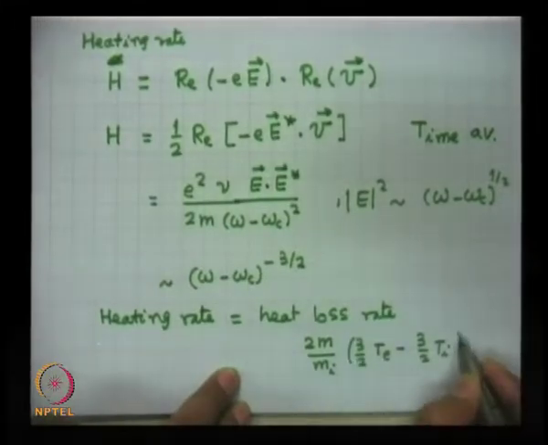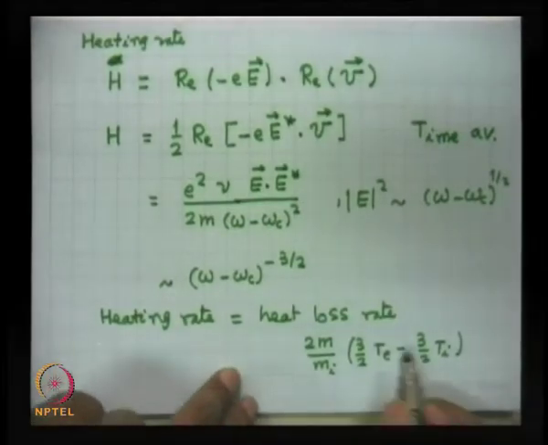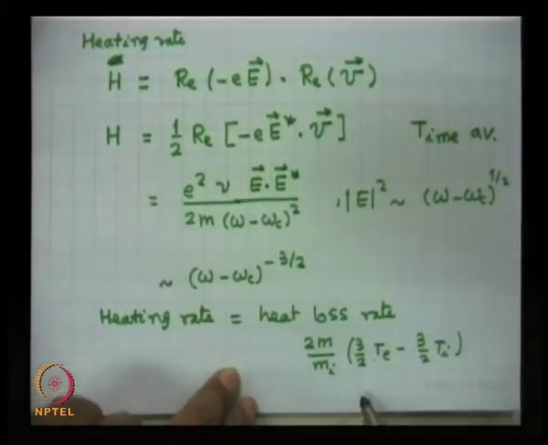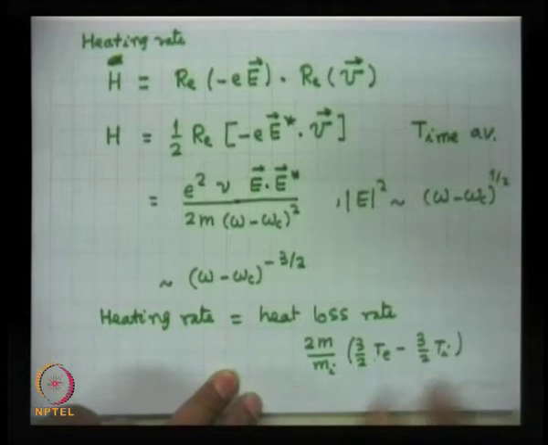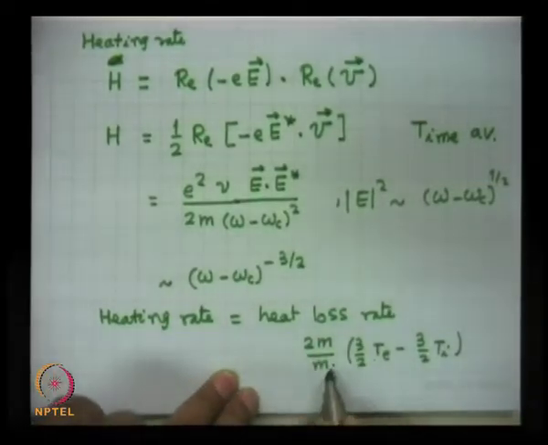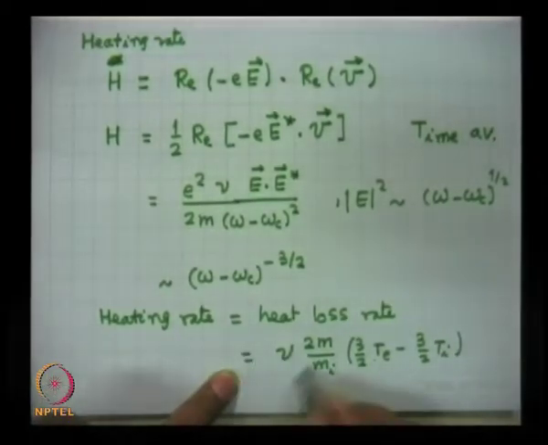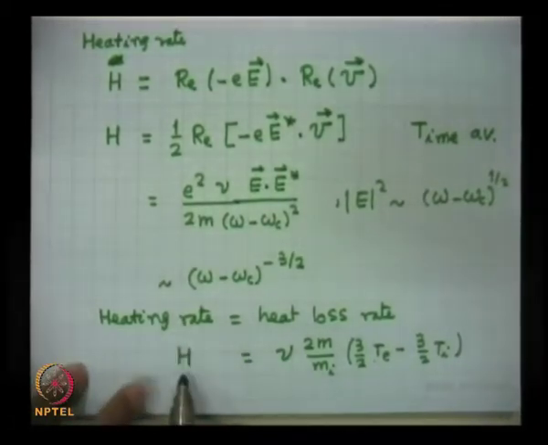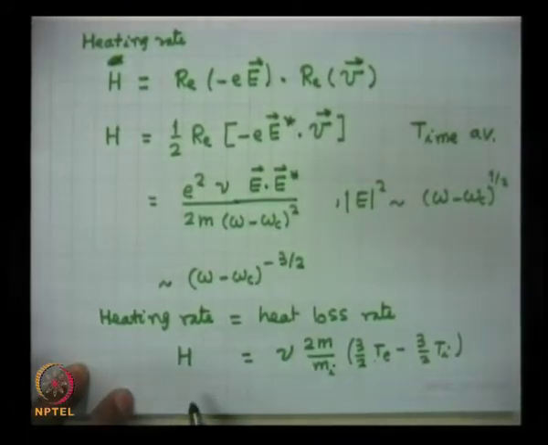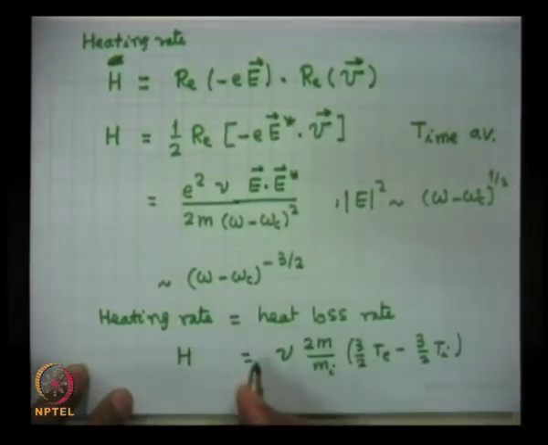This is called the excess energy of the electron over the ion energy. Boltzmann constant is hidden in temperatures. So, this is the difference in average kinetic energy of an electron and an ion, and in each collision this fraction of energy is lost. So, if there are ν collisions per second, then the loss rate is so much, and the heating rate is H. Equate the two, the ν will cancel out with the ν in H, and you will get the rise in electron temperature over the ion temperature in terms of E squared, and certainly that will show a resonance at ω equal to ωc.